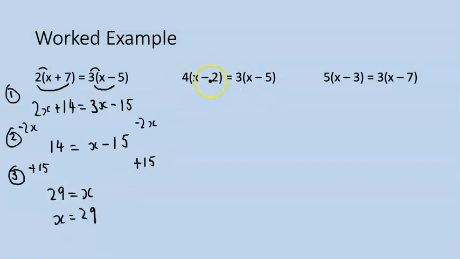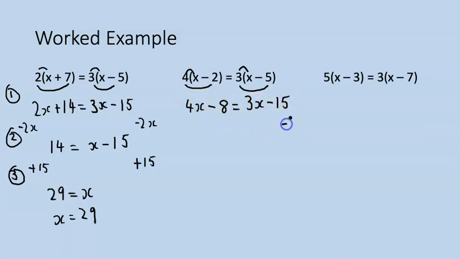If I do the same again here, I'm going to expand the brackets. So 4 times x gives me 4x. 4 times minus 2 gives me minus 8. 3 times x gives me 3x. 3 times minus 5 is minus 15.